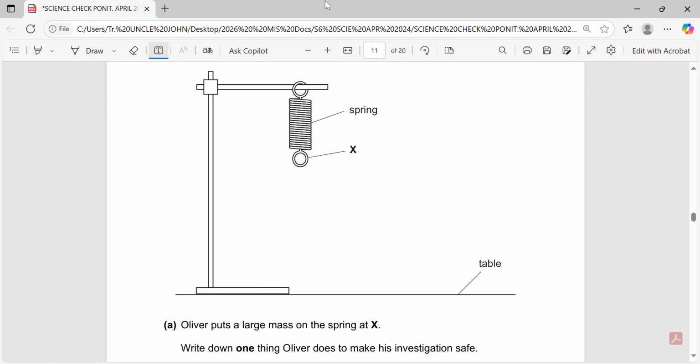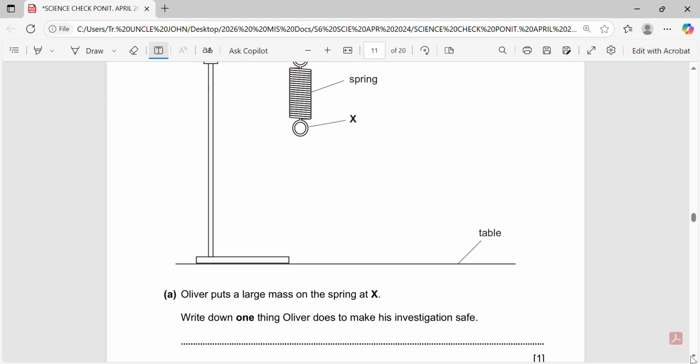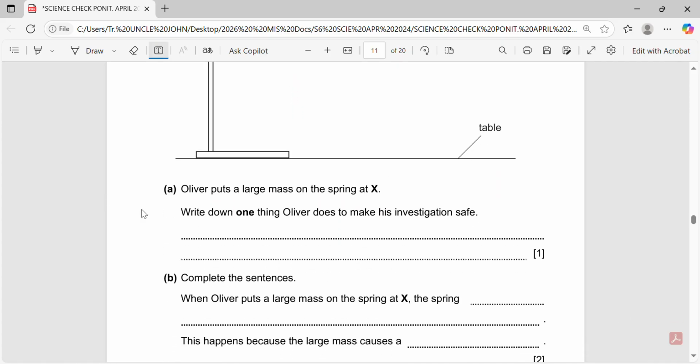Is there anyone with an idea? Wonderful. So you can say, putting padded materials.